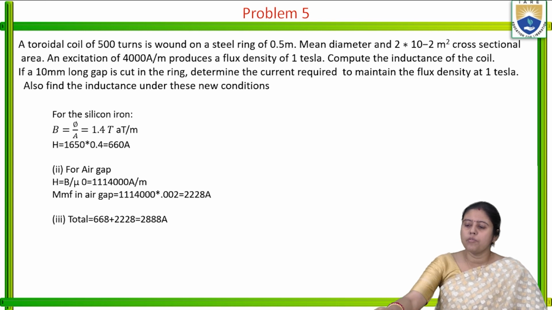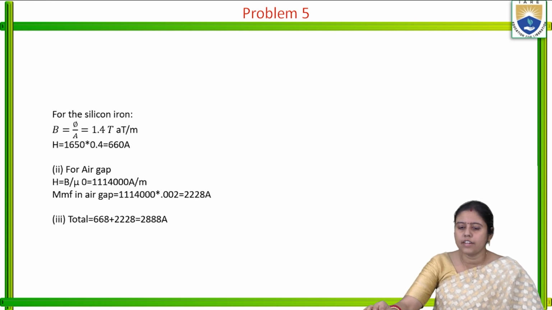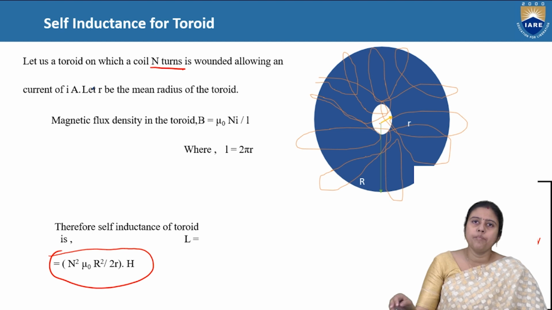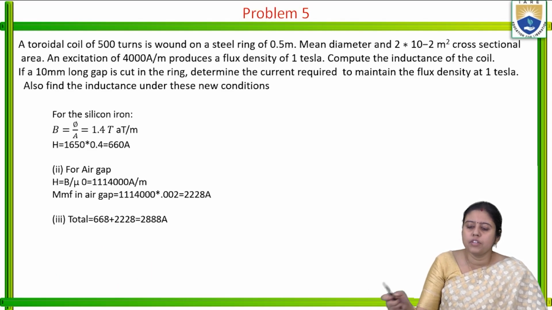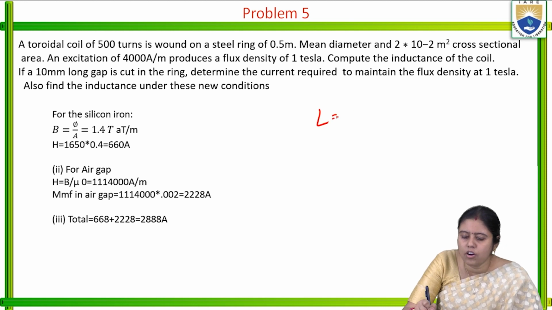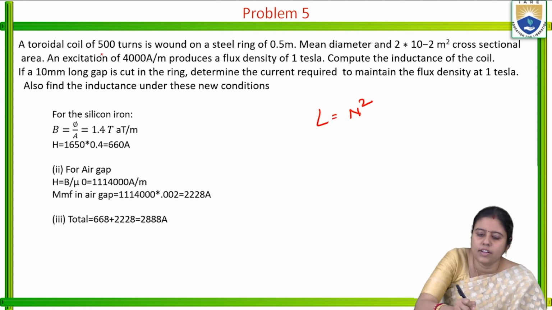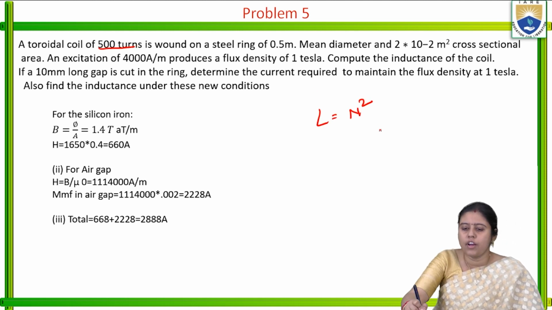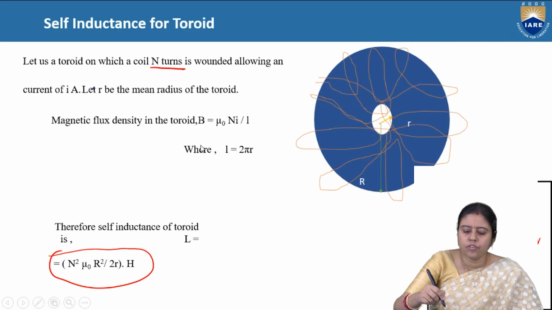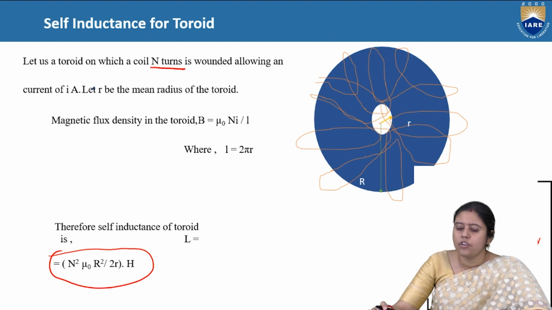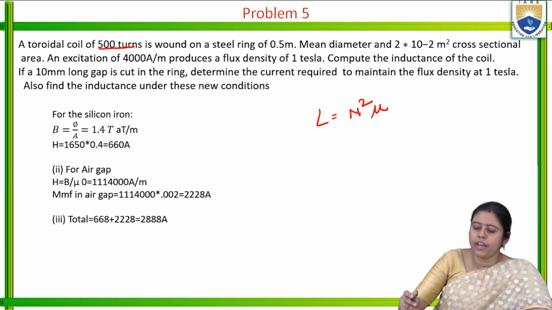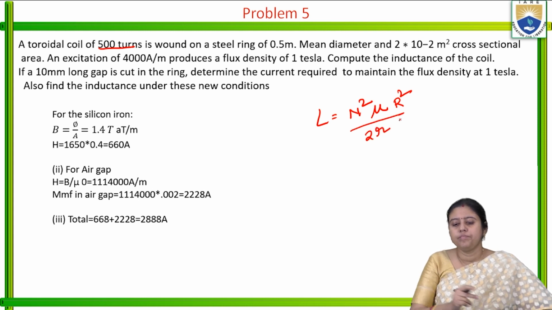So what is the formula we got in our previous section? N square mu naught r square by 2R. If we put the values, L is equal to N square, which is 500 square, mu naught, and r square by 2R.